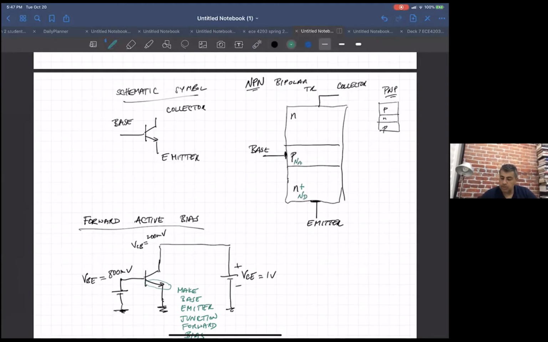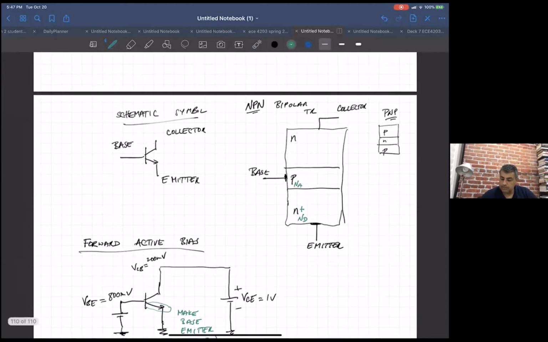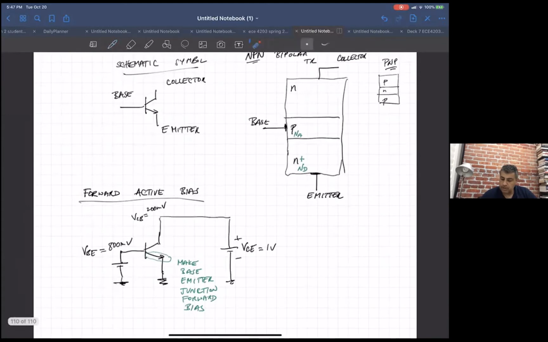If the number of donors here, the density, is much higher than the number of acceptors, what happens is, if the base emitter junction is forward bias, then because there's a whole lot of electrons here and not too many electrons here, you'll get a bunch of electrons from here just from diffusion going over to the base from the emitter.